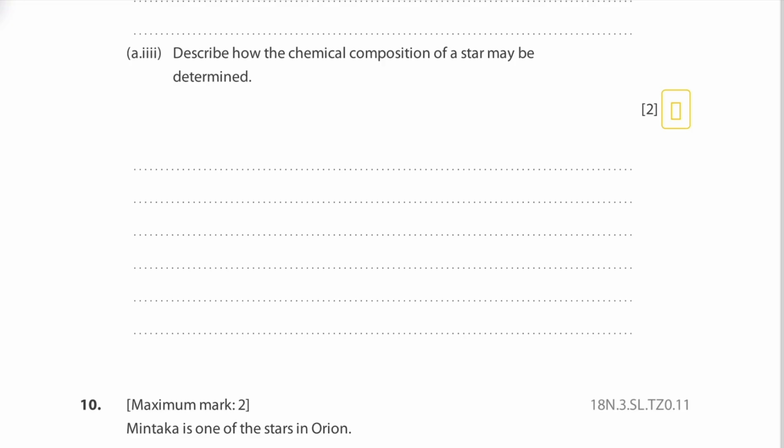Describe how the chemical composition of a star may be determined. Well, the first thing we want to do is obtain an absorption spectra of the star. And it's going to have lots of different lines in it associated with these jumps between the electron energy levels.